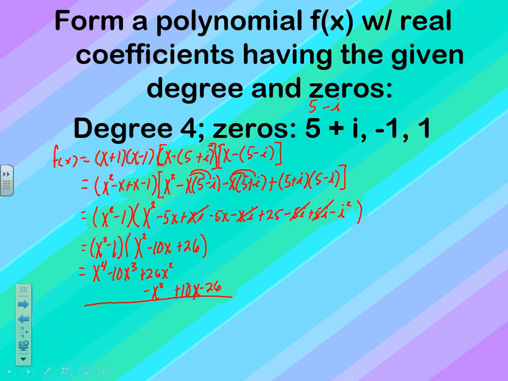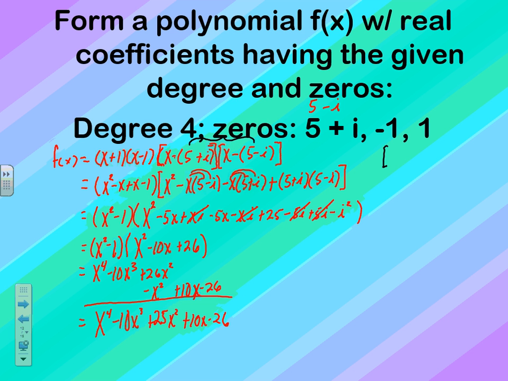And so we're going to get f of x finally to be x to the 4th minus 10x cubed plus 25x squared plus 10x minus 26. And again, let me just show the shortcut method for multiplying the 2 complex factors together.